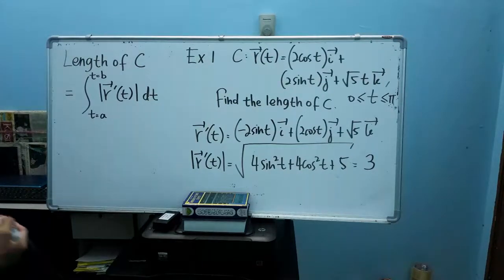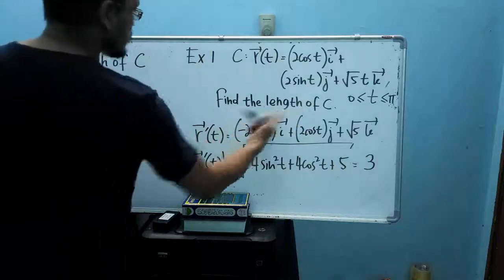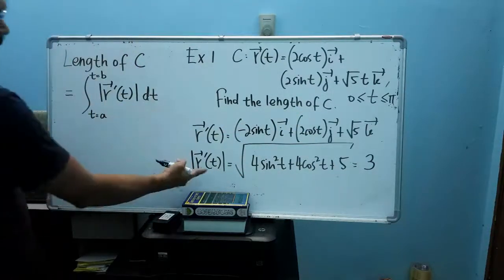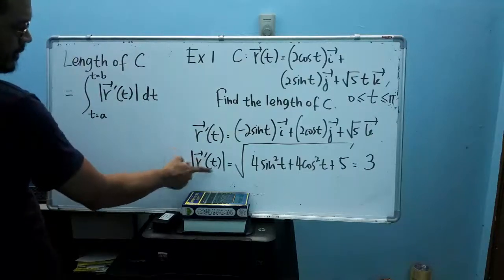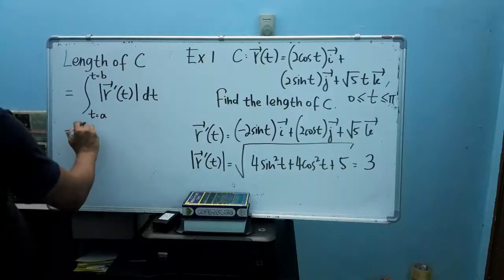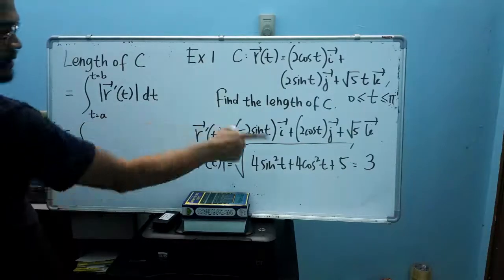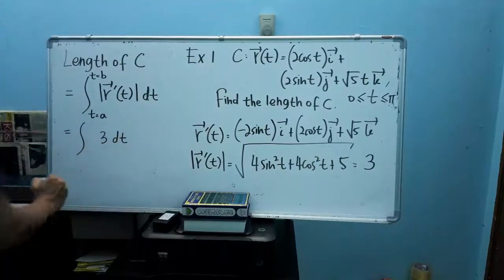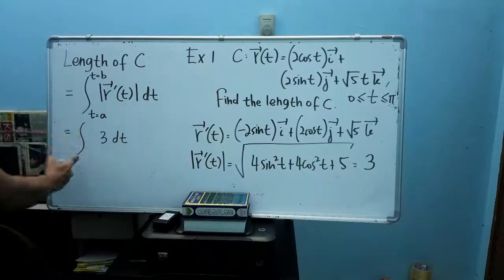Next, you want to find the length of C, meaning that you just need to use this formula. You already calculated the magnitude of r'(t), which is equal to 3, and then you have dt. How about the limit of integration here?